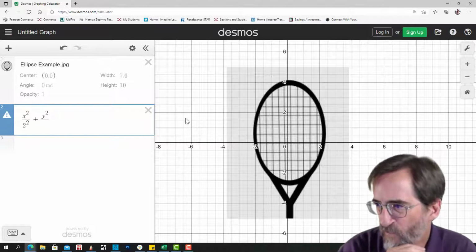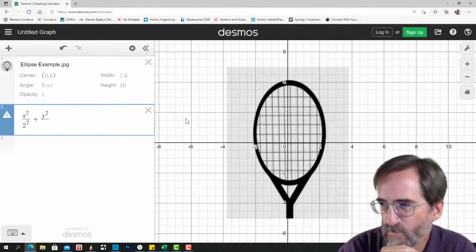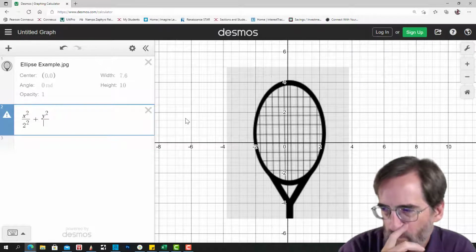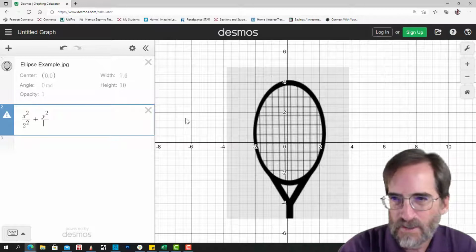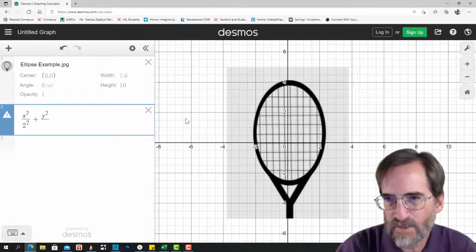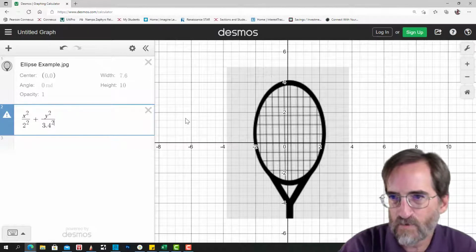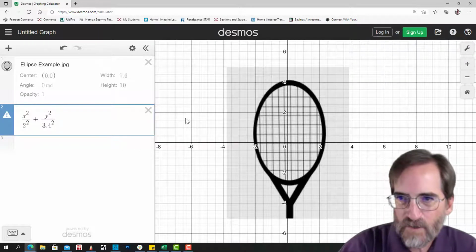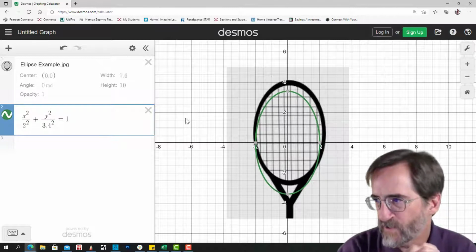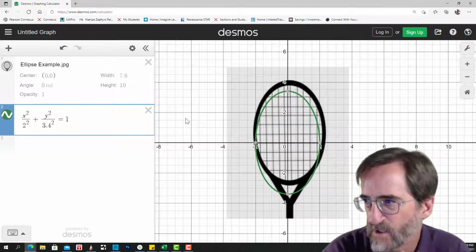Now it goes from 4 to about -3, so it seems to have a vertical of about 7, so 3.5 for a semi-major axis. I'm going to try a little less than 3.5, so 3.4 squared, and I'm going to say equals 1. We're just going to get a picture of it right now. And that's pretty darn good, actually.